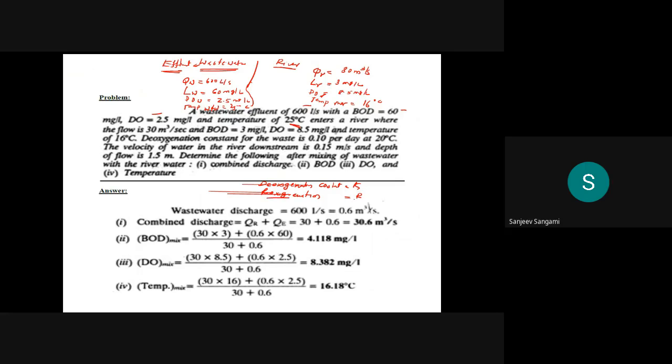Reoxygenation constant is given by R and deoxygenation constant is given by K. Here he has given the deoxygenation constant, that is 0.1. So these two constants are with respect to deoxygenation or reoxygenation.